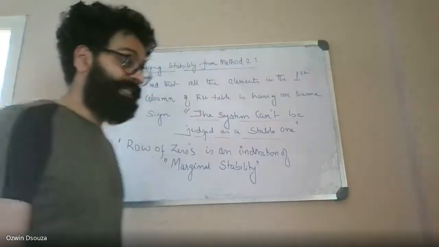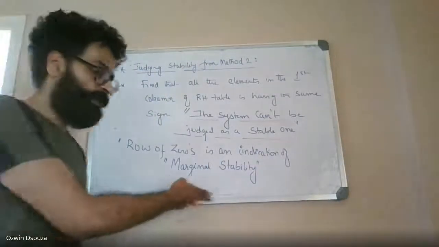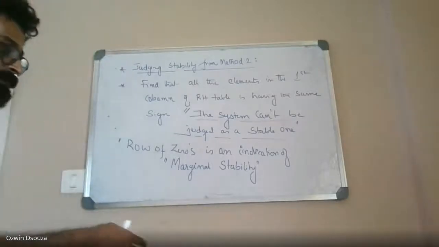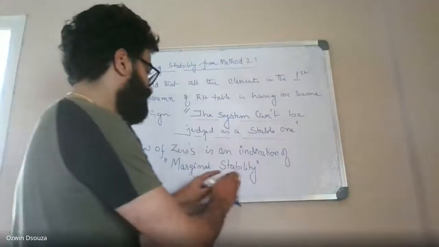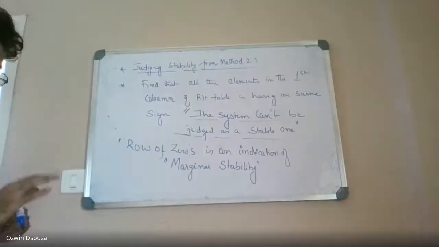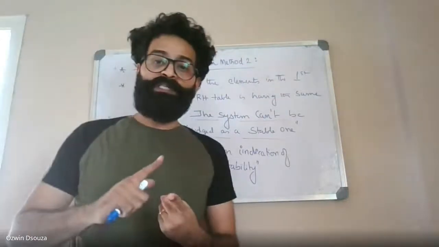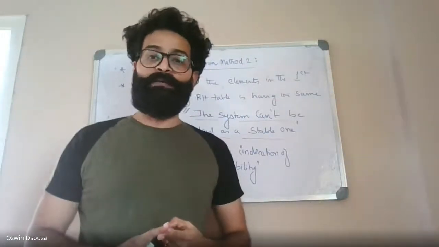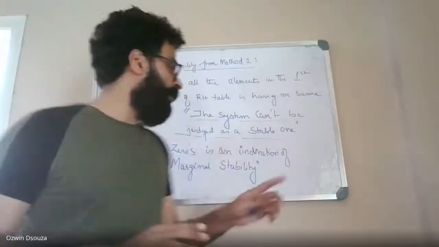Whether it is marginally stable or not, I don't know, provided I find something. That is what eventually I am heading towards. All right. So a row of zeros is an indication of marginal stability. That means whenever you encounter a row of zeros, your system cannot be absolutely stable. Your system is either unstable or marginally stable.